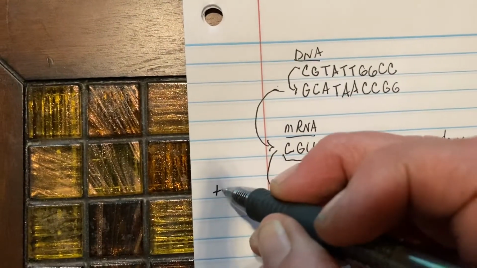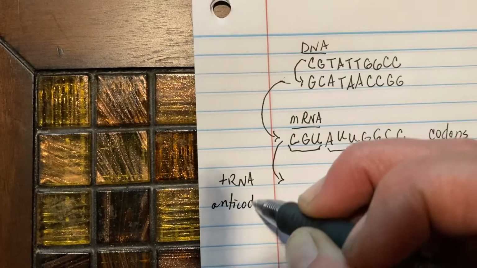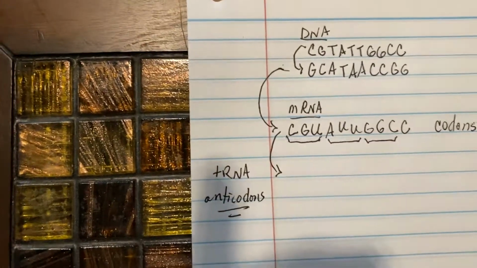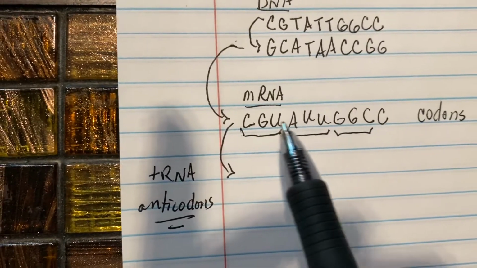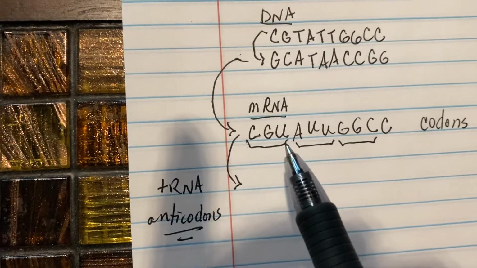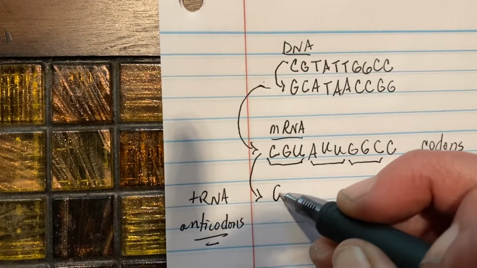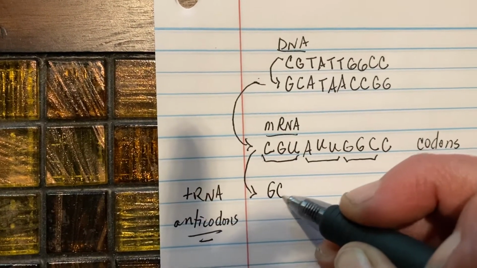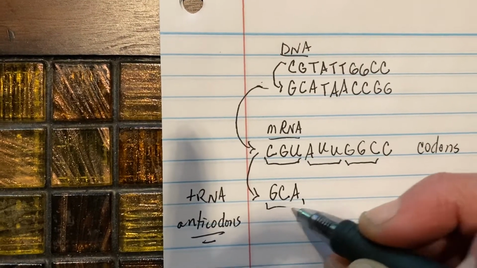Now you want to know what are going to be my transfer RNA anticodons. And you must get those from the codons, of course. So C will go with G, G with C, U with A. That's my first anticodon.